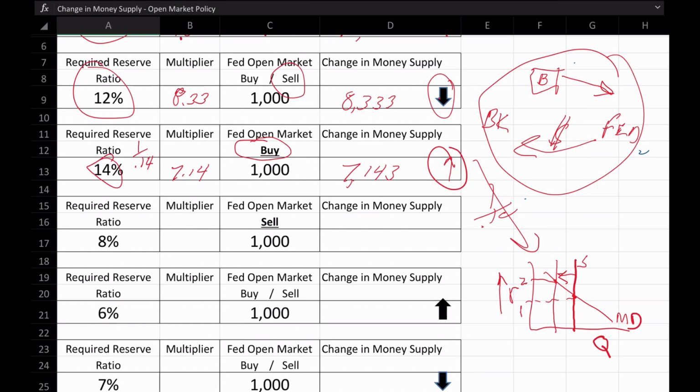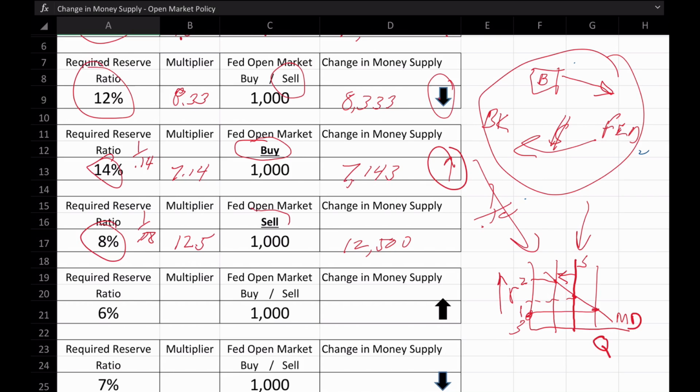What do you think that's going to do to the interest rate? Well, if you come down here to the graph, if we increase the money supply, we've got interest rate 3 right here. The interest rate will drop. Let's do one more while we're at it. So we have a reserve requirement of 8%, which 1 divided by 0.08 is going to give us 12.5 times 1,000 will give us 12,500.